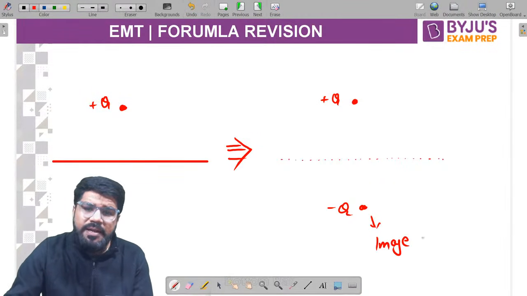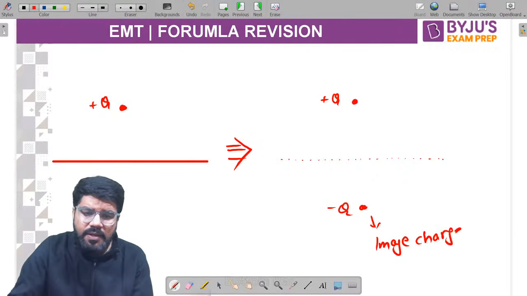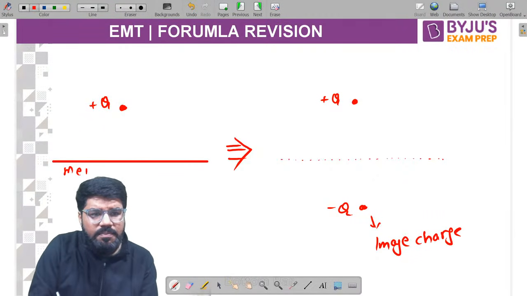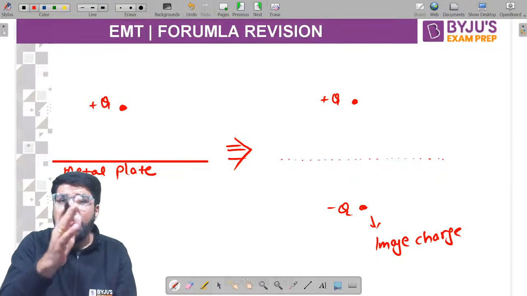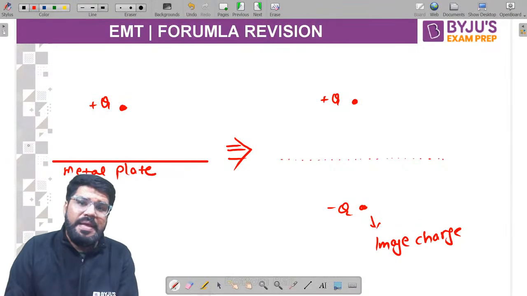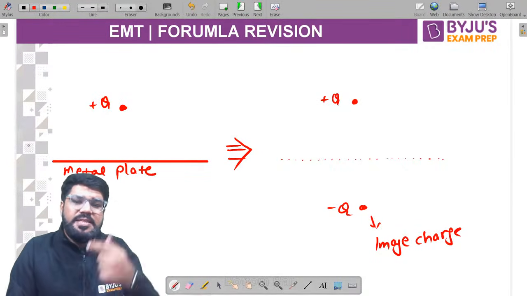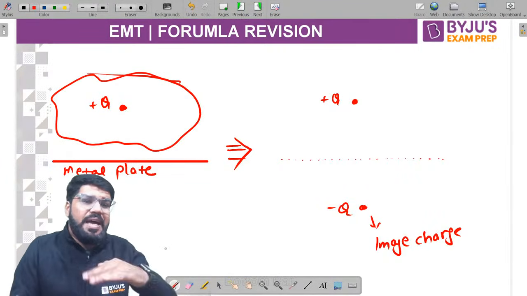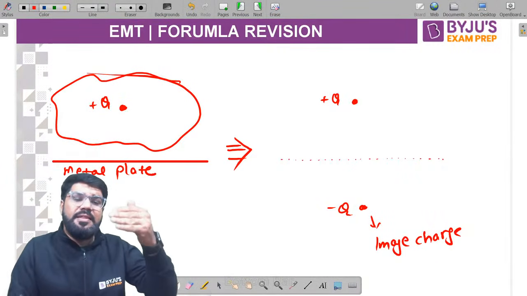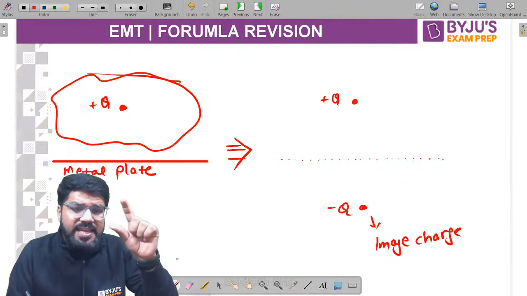So replace this metal plate and place an image charge which is the same magnitude as Q but opposite in sign. Whatever the source is above the metal plate, you have to place another source below the metal plate at the very same distance.